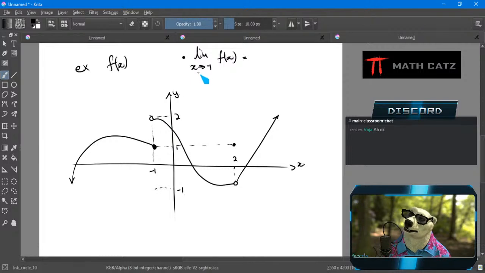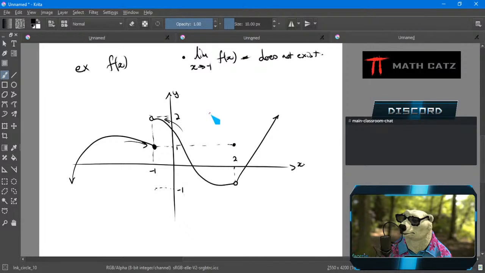It's all about how the pieces connect. So I look at the x value in question and it's a connection between the two pieces. It's right there. And if I come at it from the left, it wants to go to y equal to 1. If I come at it from the right, it's going to y equal to 2. They don't agree, so it does not exist.